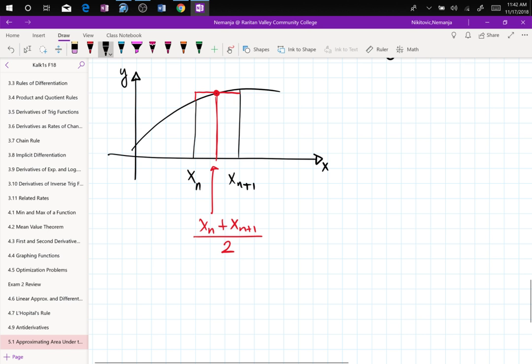And delta x is still the same, b minus a over the number of rectangles that you have.